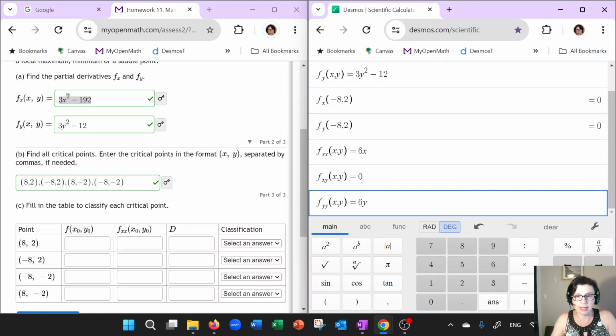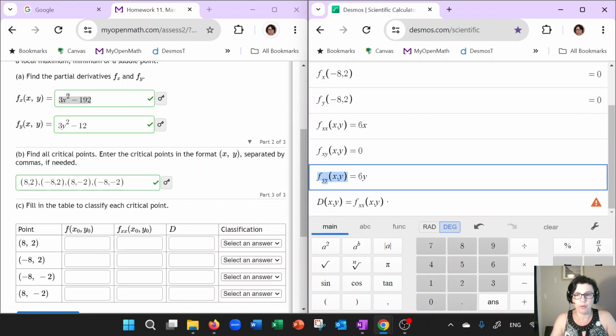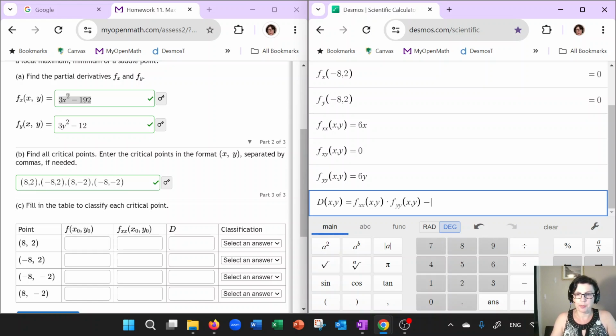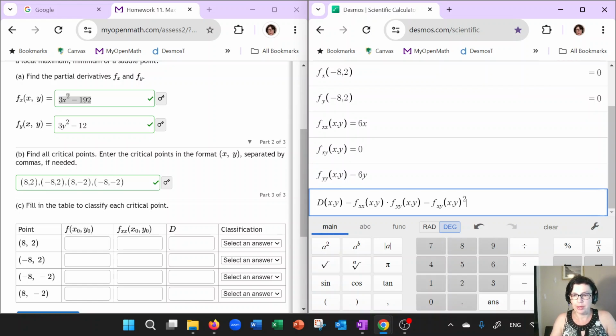One other thing you are supposed to do here is define D of xy. D stands for determinant, and it is something you need for the so-called second derivative test for local extrema and saddle points. We take fxx, which I can just copy and paste here, multiply that by fyy, and then subtract fxy squared. So that's my D.